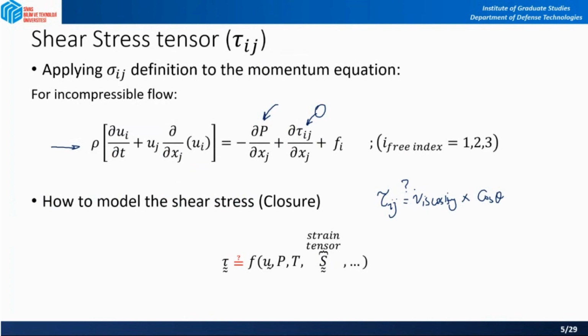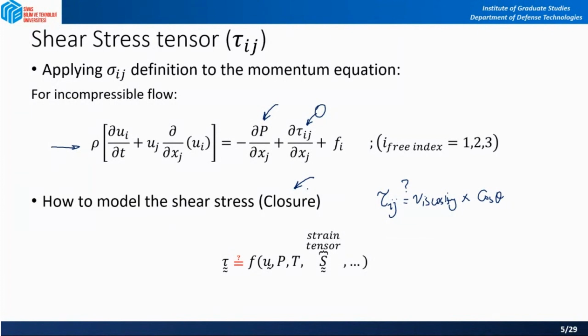So we need a closure on tau ij. This is not related to turbulence closures. I'm telling you the things that people thought about in the 19th century and how to model the stress. So what is the function of tau ij? In other words, how can I calculate tau ij?